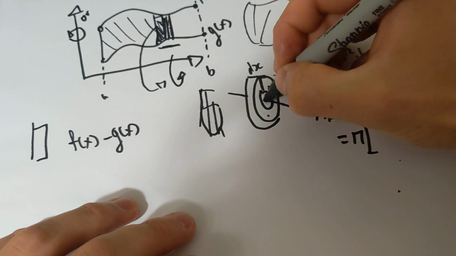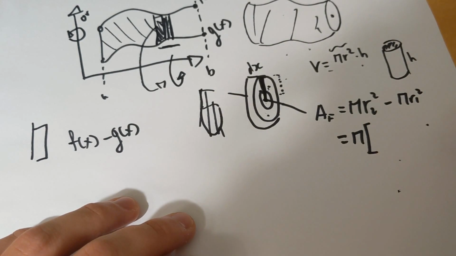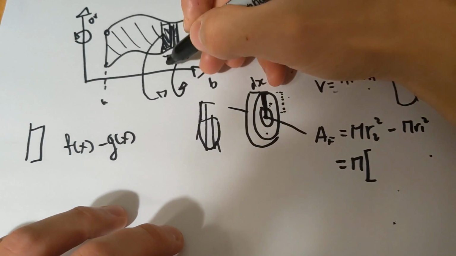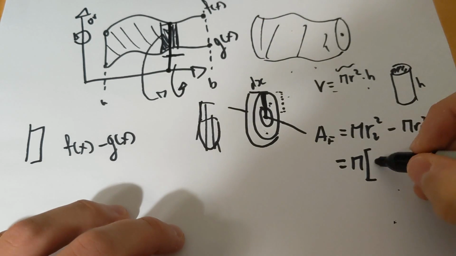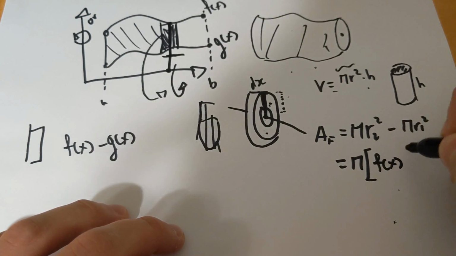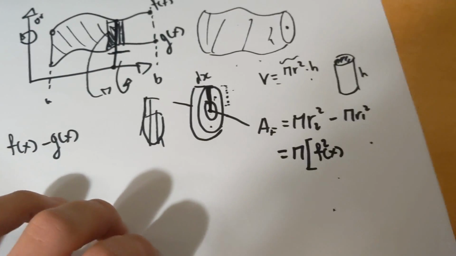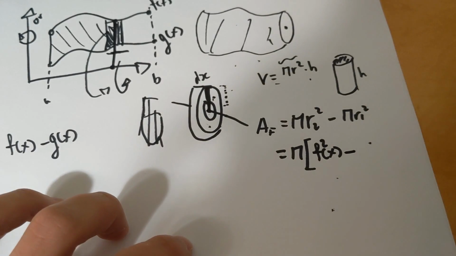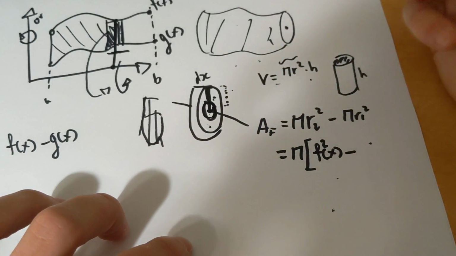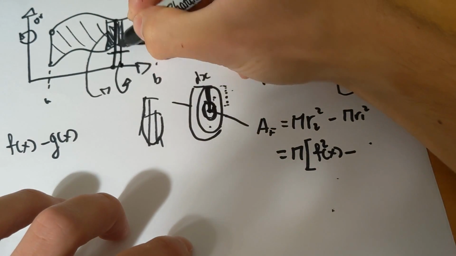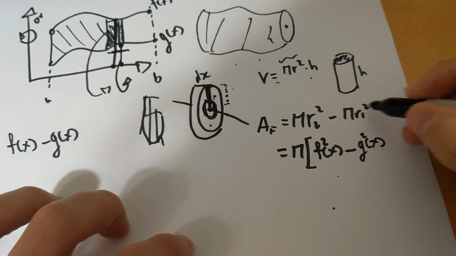This radius is the distance from the x-axis out to the farthest point. Looking at our picture, from the x-axis out to the furthest point, that's f of x. So radius 2 is f of x, and we're going to square it. Then we subtract r1 squared, the smaller radius out to this inner ring, which, if you look at the diagram, is g of x. Square that as well.